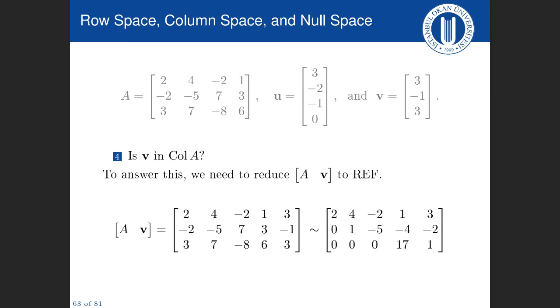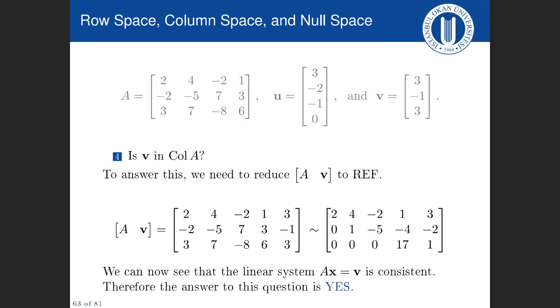So is this linear system consistent? And the answer is yes. There is not a pivot in the right-hand column. The right-hand column does not contain a pivot. Therefore, this linear system is consistent. So the answer to this question is yes. v is in the column space of A.